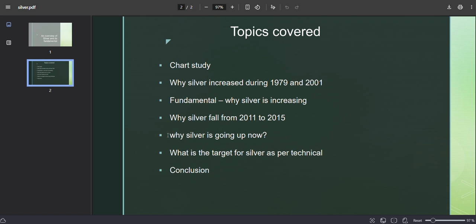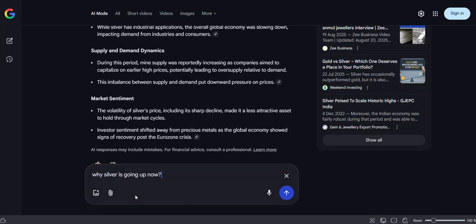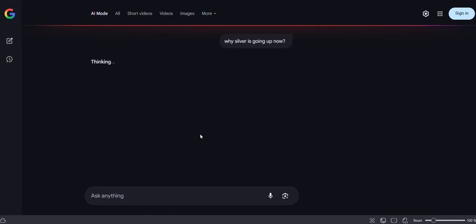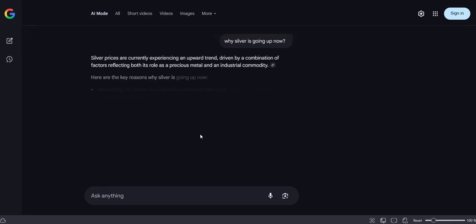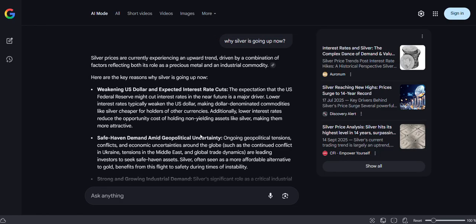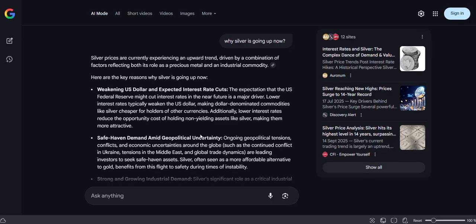Then why is silver going up now? Let us see what AI answers for this. If you see silver, one dependency is US dollar weakness, which we have clearly seen will lead to silver price going up. Another thing, geopolitical uncertainty, which any of you are aware of, and that is always there.